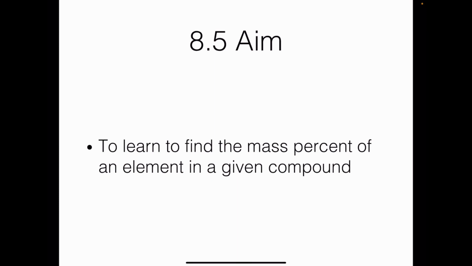So in the last section for today, we have one aim, and that aim is to learn to find the mass percent of an element in a given compound. If you understand what molar mass of a compound means from the last section, and if you understand what percent means, we are combining those two ideas together in the final section for today's notes.